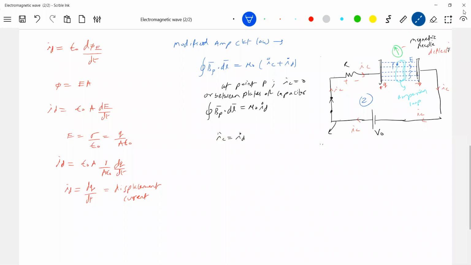Outside, no displacement current. Here also no displacement current. And what about conduction current? Between the plates there is no conduction current. Conduction current will be there in the wires. In the wires, only conduction current flows and no displacement current.